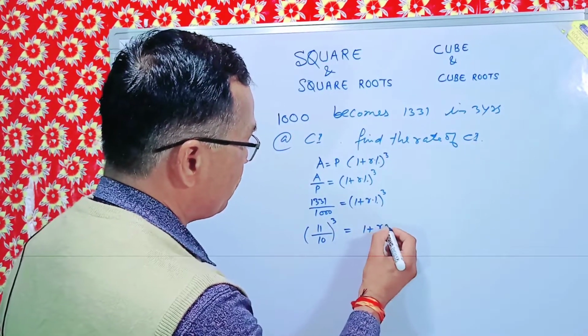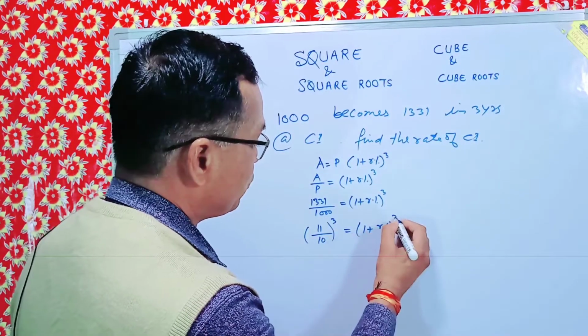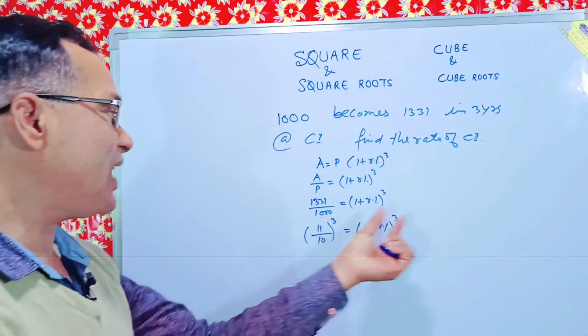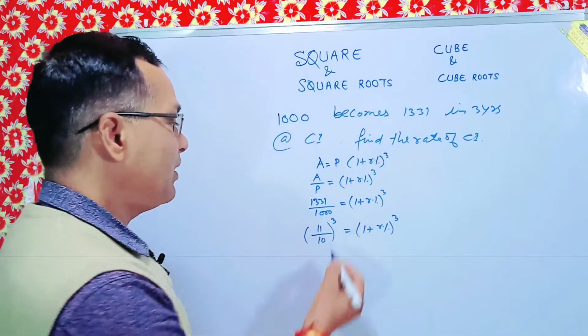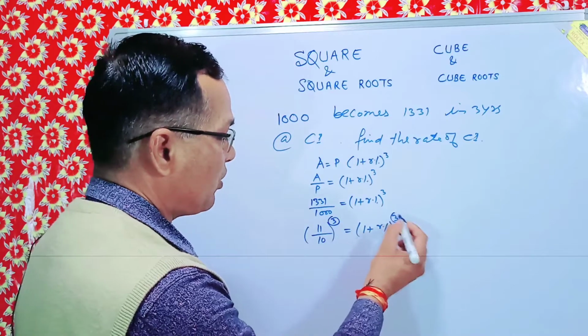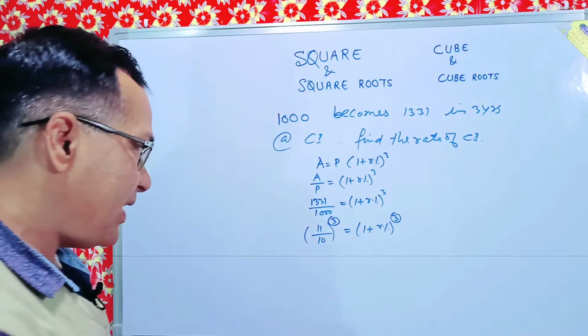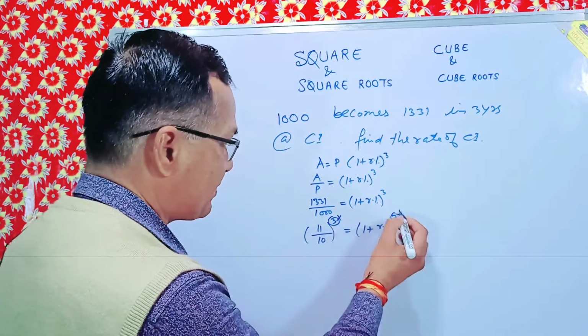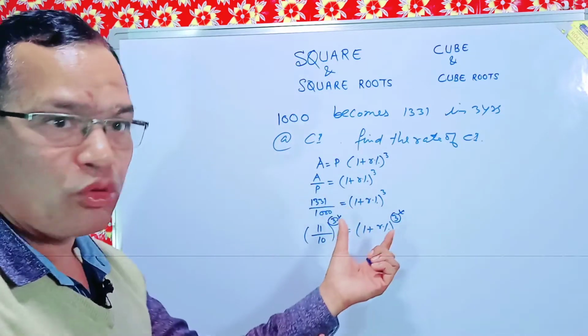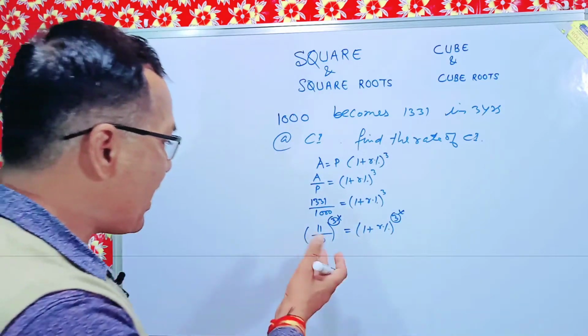It is equal to (1 plus r%) raised to the power 3. Since both the side powers are equal, here also 3, here also 3, I can cut these powers or omit these powers. Now what is left here?